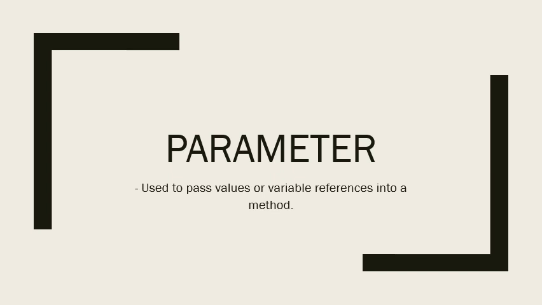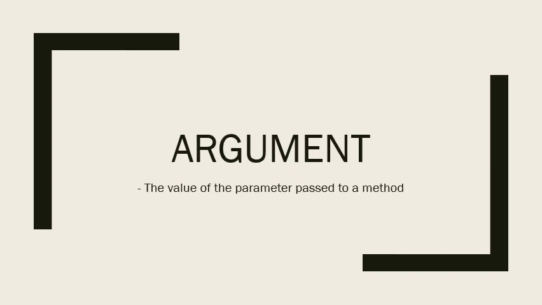Parameter, used to pass values or variable references into a method. Argument, the value of the parameter passed to a method.